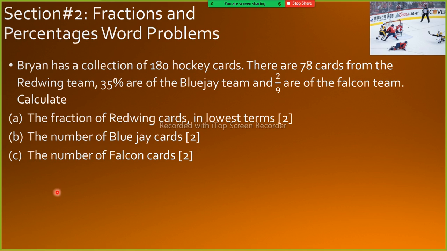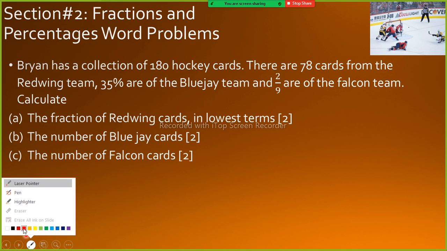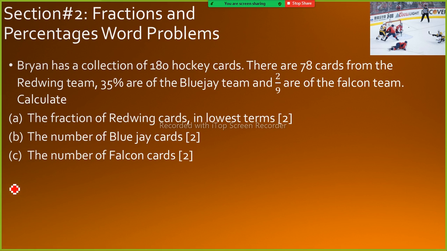Sierra, walk me through how I'll get that answer for A. Okay, so it'll be 78 Red Wing cards, so 180 times 78 over 100.